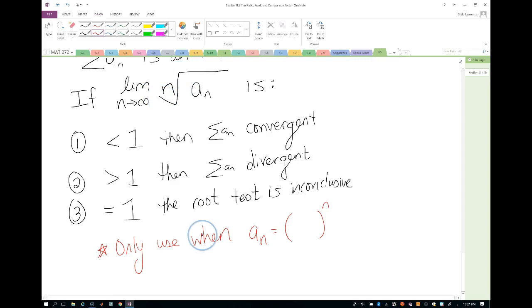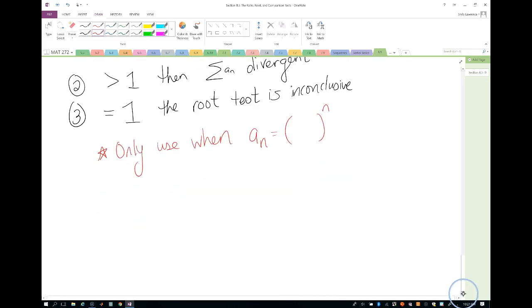So we only use this if our series as a whole is raised to the nth power. So two quick examples.